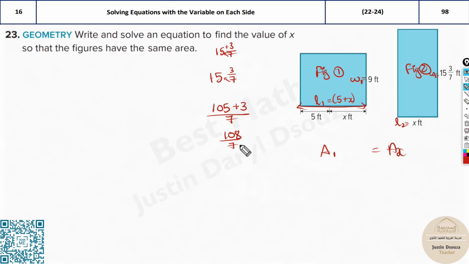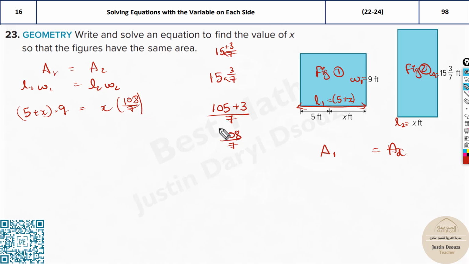Now let us solve it. So area of 1 is equal to area of 2. That means length 1 multiplied by width 1 is equal to length 2 multiplied by width 2. Now length 1 is 5 plus x, width 1 is 9. That is equal to length 2, x, multiplied by, now you can write over here directly 108 by 7.